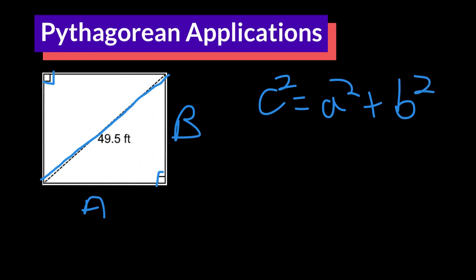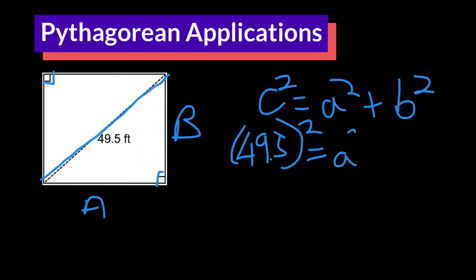So we're going to start by writing the formula c squared equals a squared plus b squared. We know that c squared is 49.5 feet squared. We don't know a squared, but we know that a squared and b squared are equal.